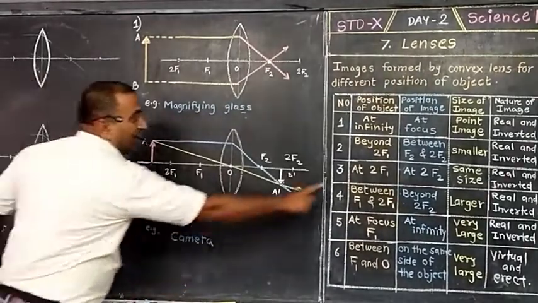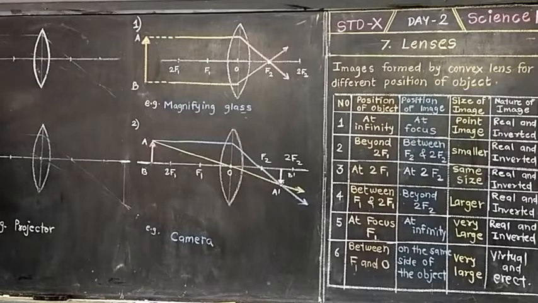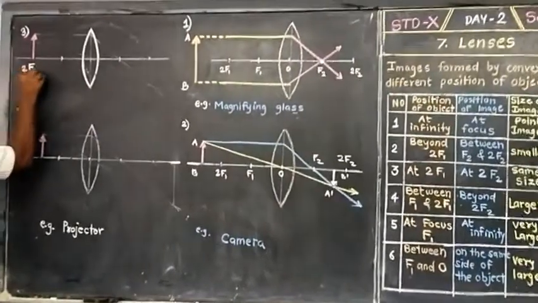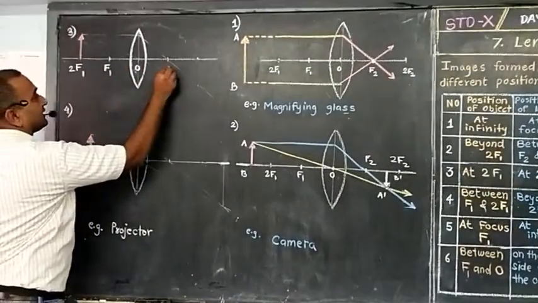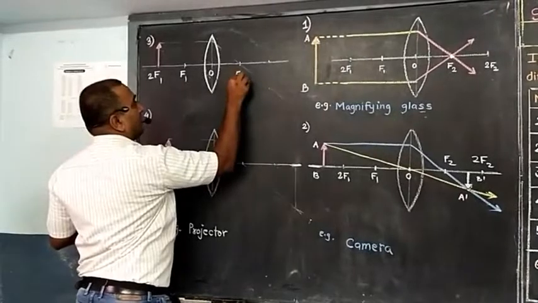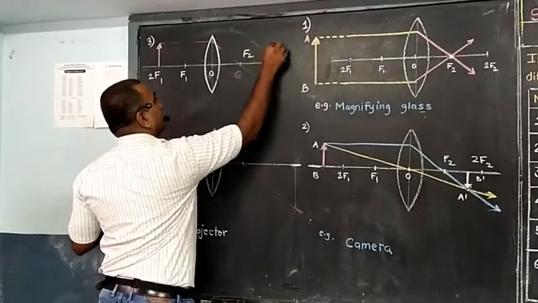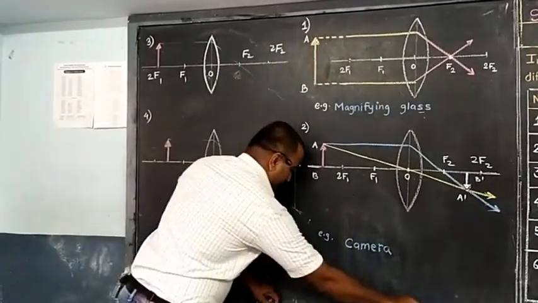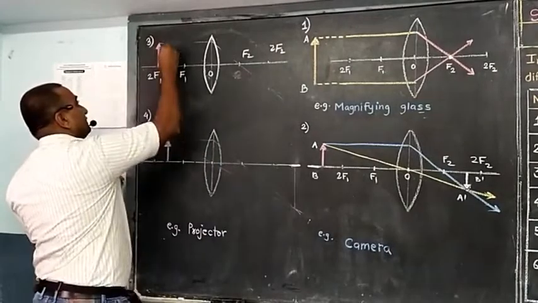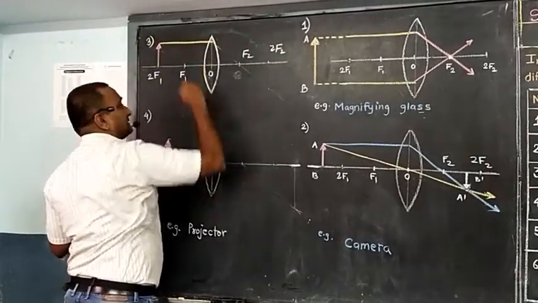Third is at 2F1. See here, this is 2F1. This one is F1, that is the object. Here we will have F2, and here we have 2F2. The first ray is parallel to the principal axis.